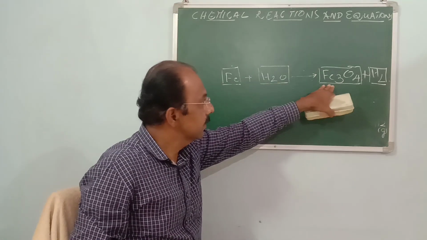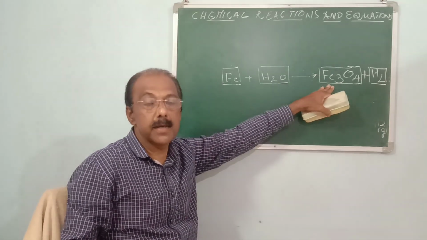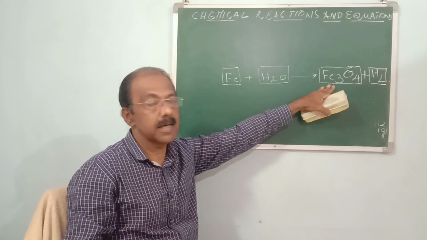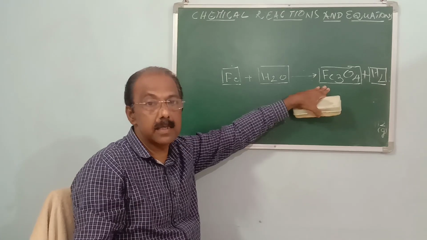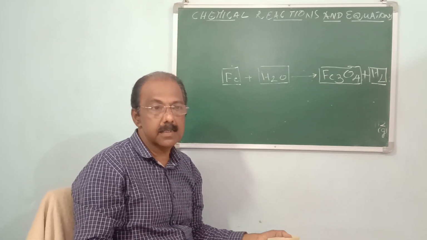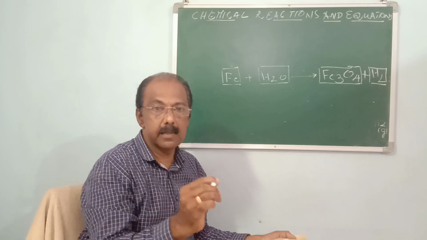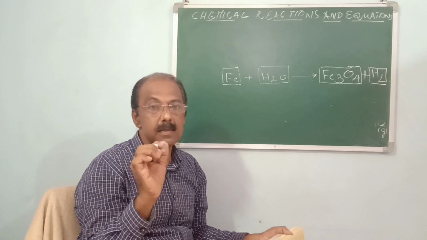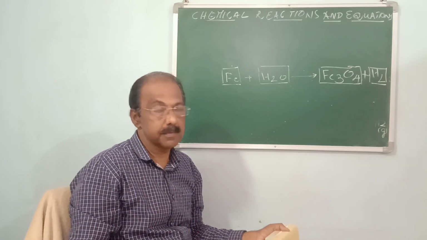And further, in balancing, how do you know where to start? What is the clue to begin balancing the chemical equation? Usually, we identify the compound having the largest number of atoms.